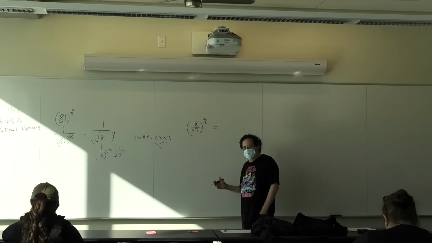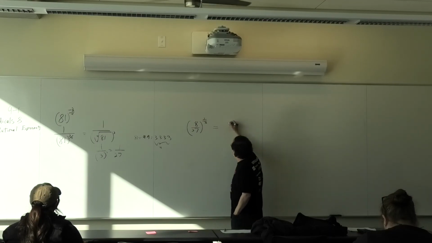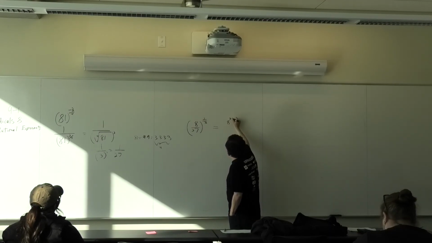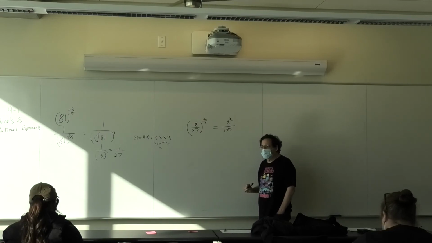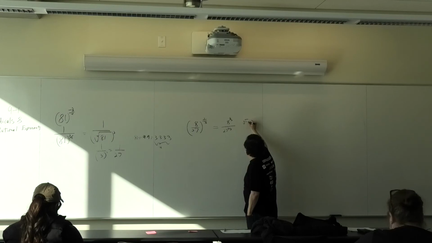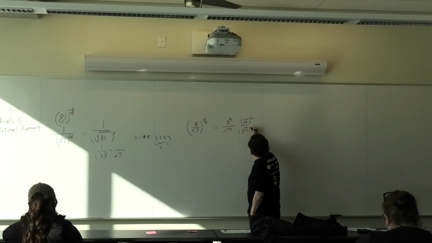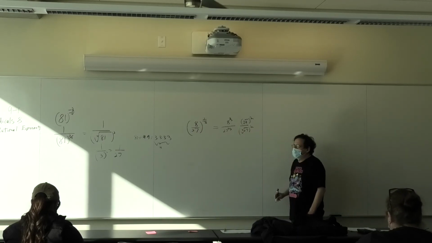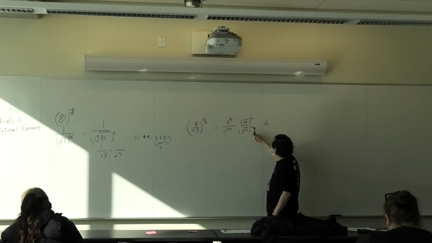We got a lot of exponential rules here. It's confusing at times, but this is 8 to the 2/3 over 27 to the 2/3. Right. And 8 to the 2/3, that's the cube root of 8 squared. And 27 is the cube root of 27 squared. From there, it's pretty straightforward. Cube root of 8 is 2, squared is 4. Cube root of 27 is 3, squared is 9.